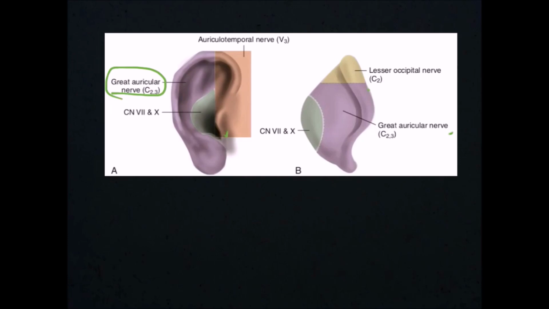So the great auricular nerve supplies the lobule, helix and antihelix, and it also supplies most of the medial part of the pinna. So I hope you are clear. Now the remaining part of the meatus and the posterior part.